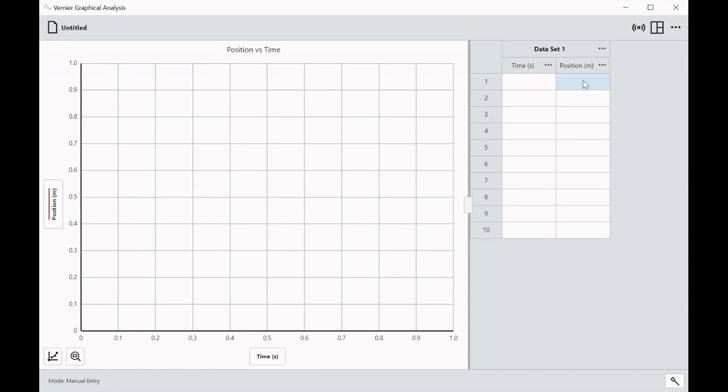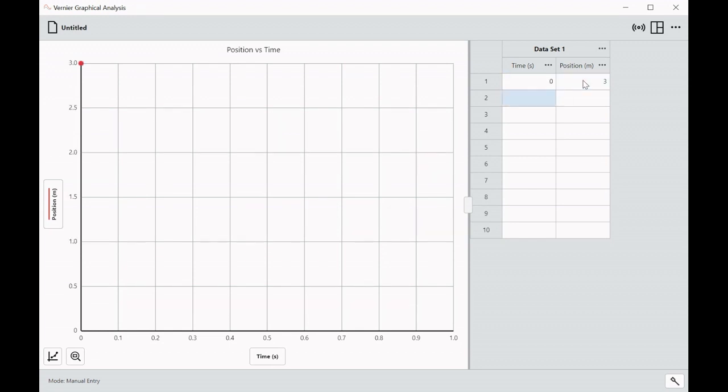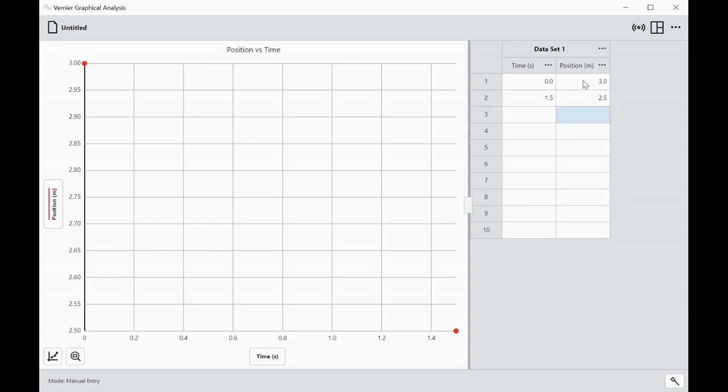When my car started, it was at 3.00 meters, and it was there at 0 seconds. At position 2.50 meters, it took 1.50 seconds to get there. At position 2.00 meters, it took 2.75 seconds to get there.